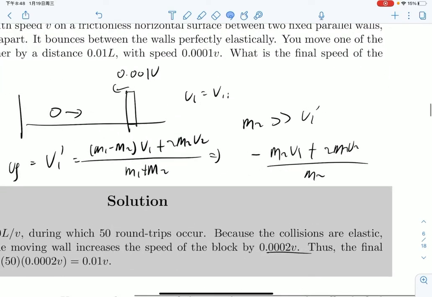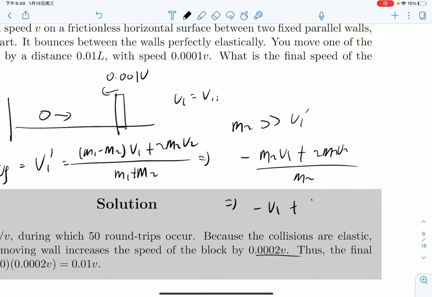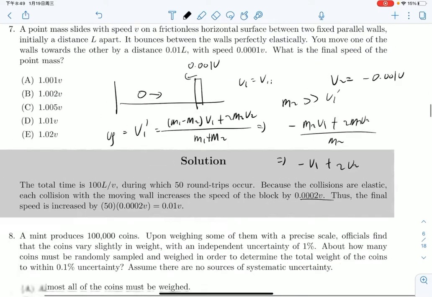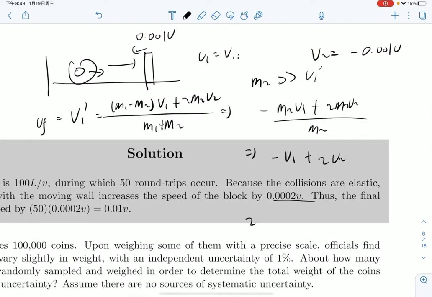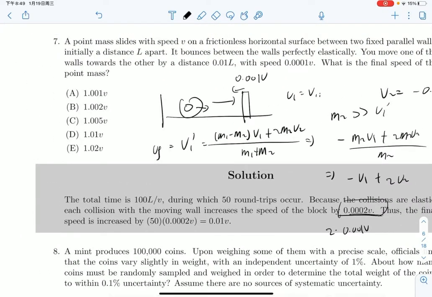So basically, this term is now V1 plus 2 V2. And you can see V2 is equal to negative 0.001 V. So when the ball collides with the wall, it will gain a velocity of 2 times 0.001 V. The total number of times it collides with the wall is equal to this.